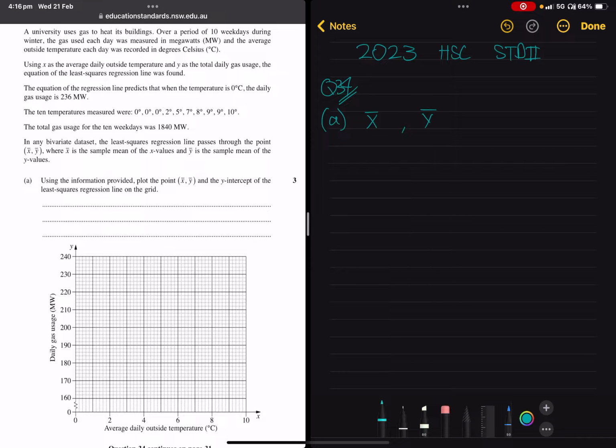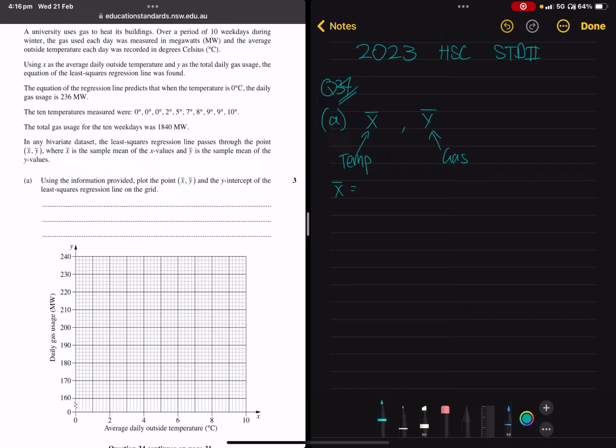So we are told that the regression line predicts when the temperature is 0, the gas usage is 236. This means X is the temperature and Y is the gas usage. We're told the 10 temperatures, so we can find an average of these temperatures.